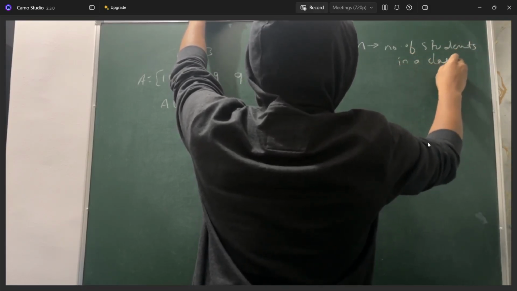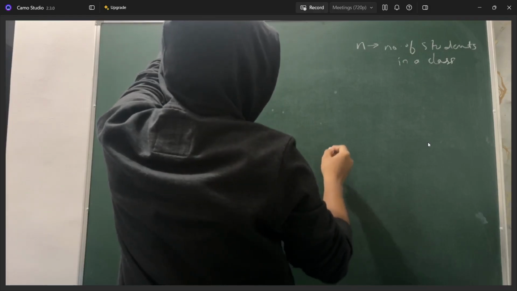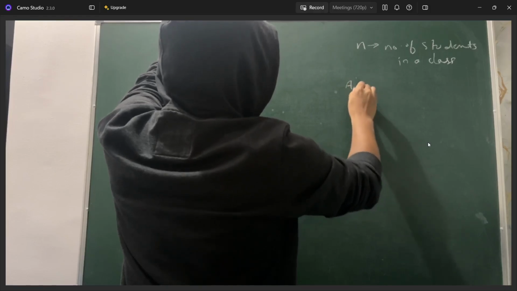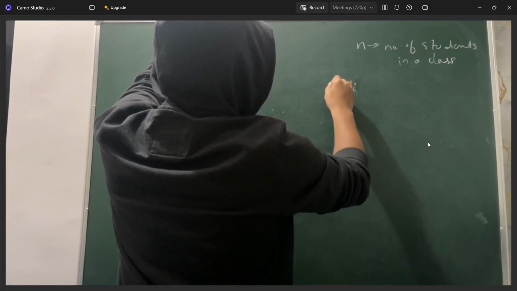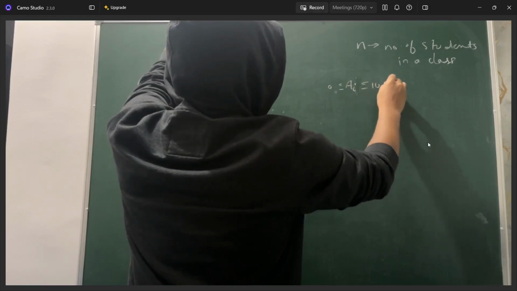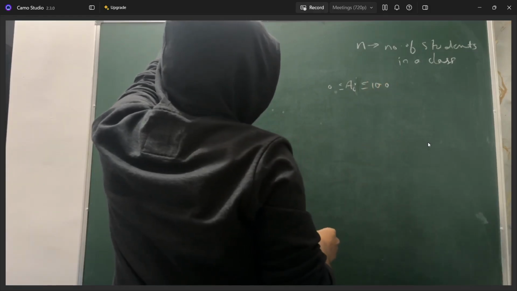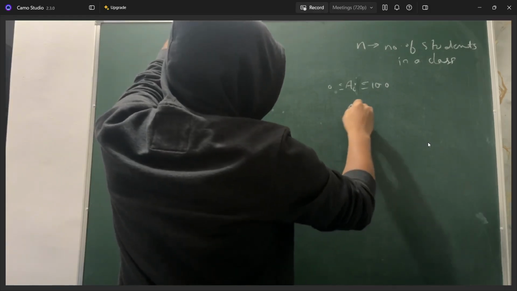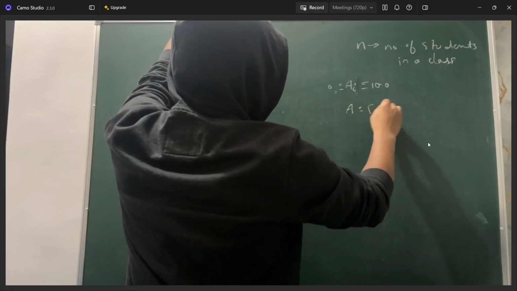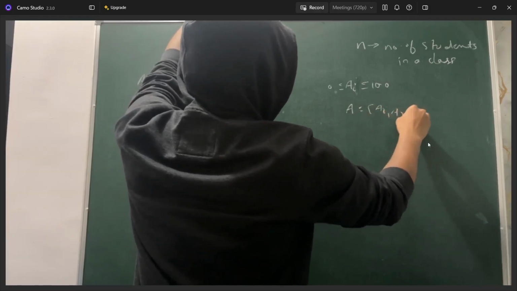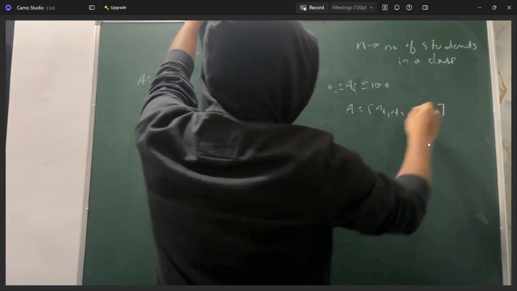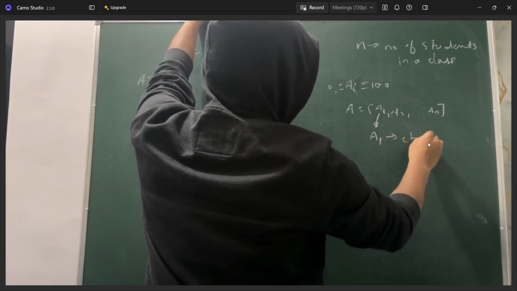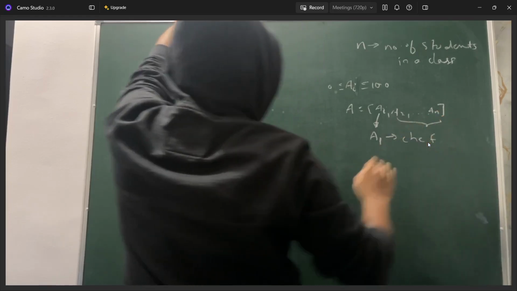All have scored marks A of I, and marks will always be in the range from 0 to 100, as you know from the school days. This array has A1, A2, and so on till AN marks, and this A1 is the marks of the Chef, and these are the marks of the remaining students.